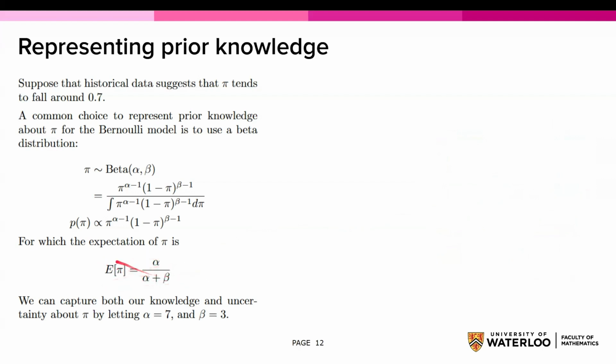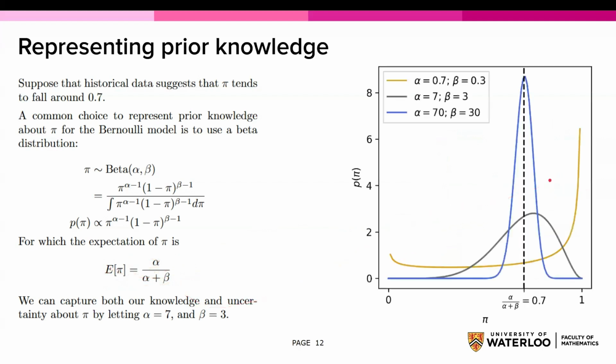And so that would be the mean of the beta distribution. And then the plot on the right here shows three different beta distributions with varying parameters, but they're all centered around 0.7, which is what our historical data would suggest. And so for each of these plots, alpha over alpha plus beta was equal to 0.7.